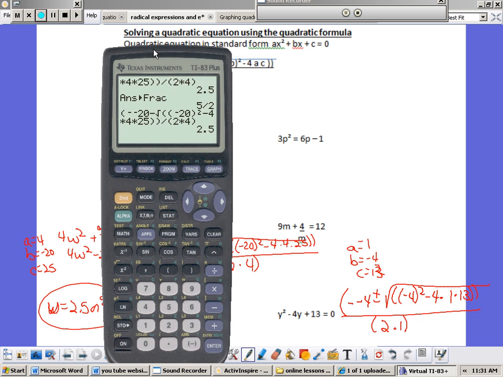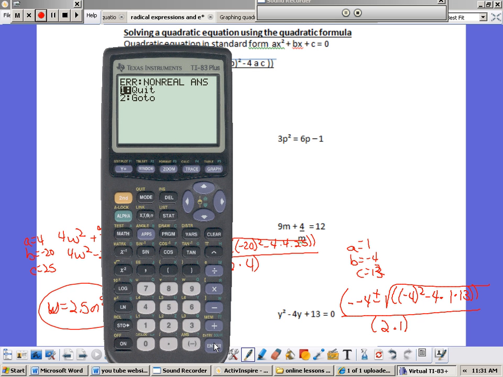Move that calculator again. Negative 4 plus the square root of negative 4 squared minus 4 times 1 times 13, divided by 2 times 1.